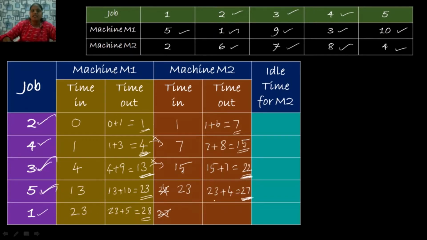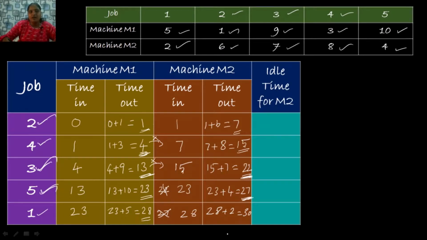So at 27 hours, it doesn't have any job to process. So it has to wait for 1 hour to get a job. So at 28 hours, that is the in time of job 1, and it requires a processing time on M2 of 2 hours. So 28 plus 2, 30 hours.